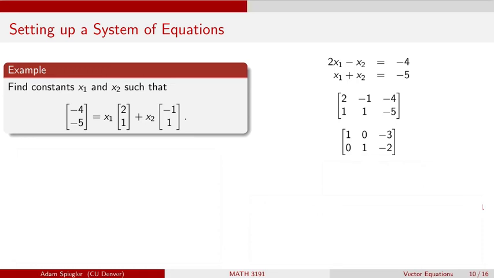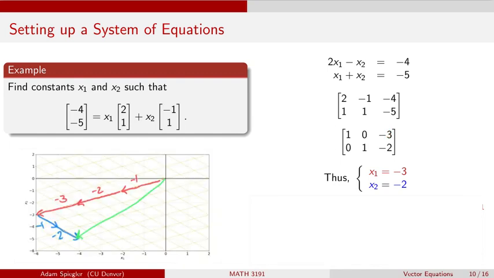So I skipped those steps, but this would be good practice for you to try and do some elementary row operations to verify that it can be written in this form. And once we've got it in this form, we now can see that x2 should equal -2, x1 is going to equal -3. And this is totally consistent with the picture that we had on the previous slide.